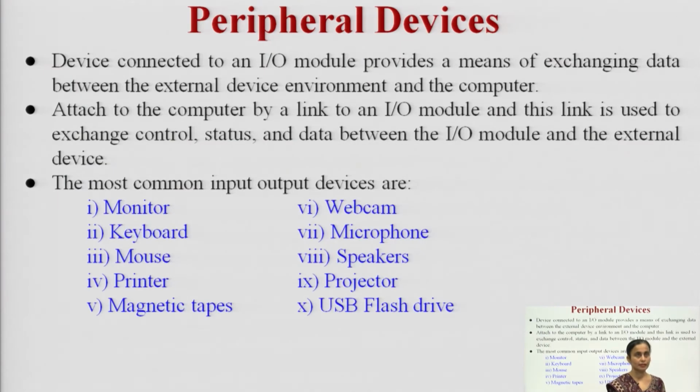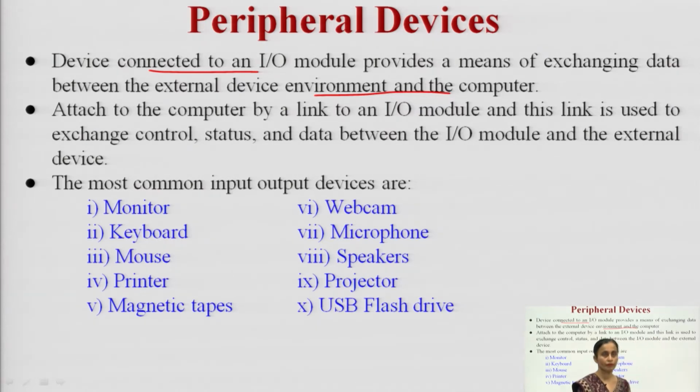Starting from the peripheral devices, these are the devices that are connected to an input output module, and they provide a means of exchanging data between the external device and the computer. Why are these devices connected actually? We connect the keyboard to our CPU so that we can enter any kind of data or type any kind of message; the user can give different external input.